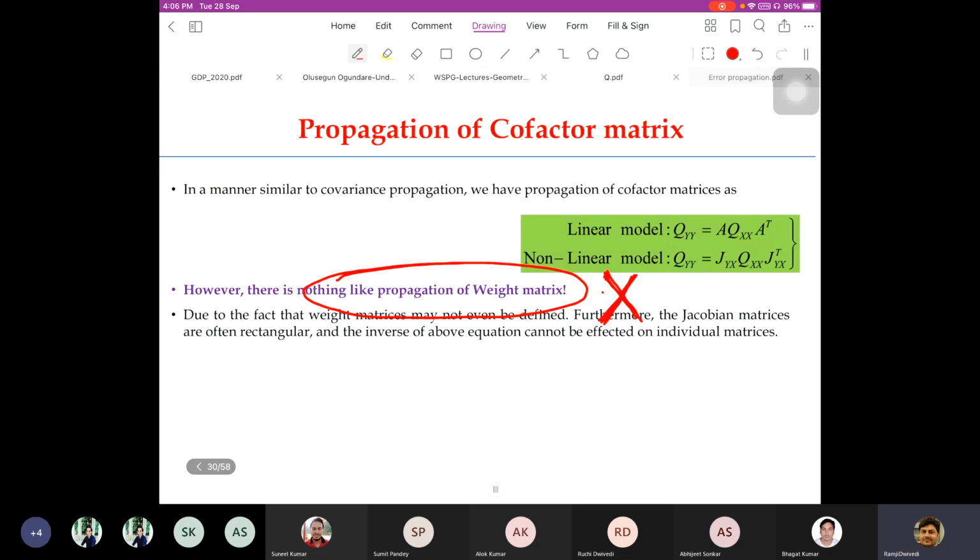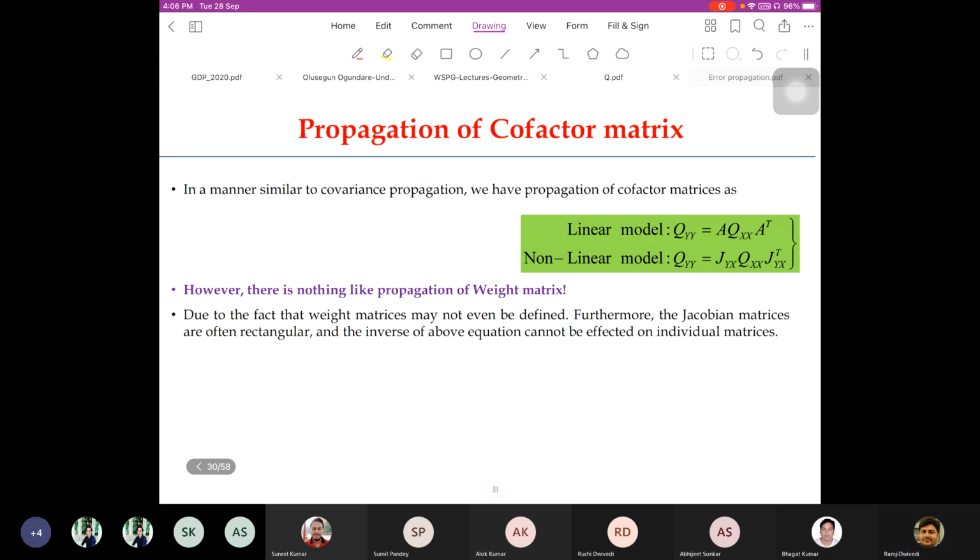So you can apply it up to the cofactor matrix, but you cannot go ahead and apply the same to the weight matrix. So I hope it is very clear.